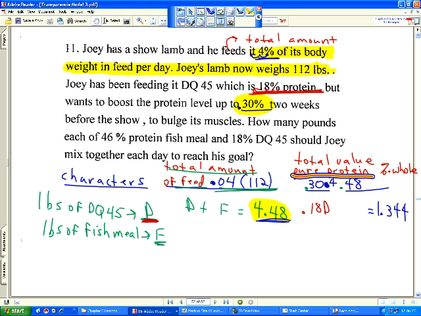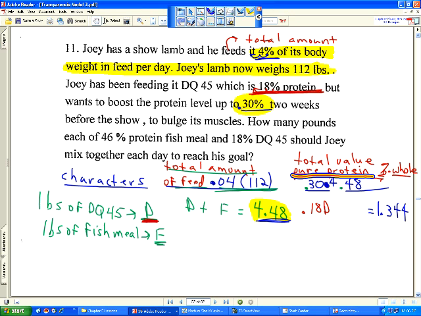That gives me pure protein. Looks like dimensional analysis, doesn't it? We're going to kick out pounds and end up with protein. Because when you take percent protein times whole, you get protein. Part equals percent times whole. Works like dimensional analysis, you see.